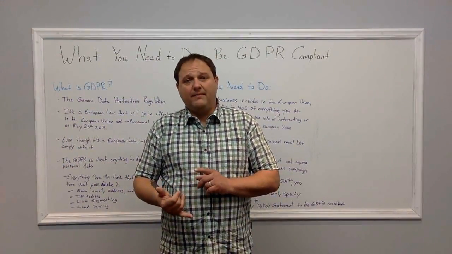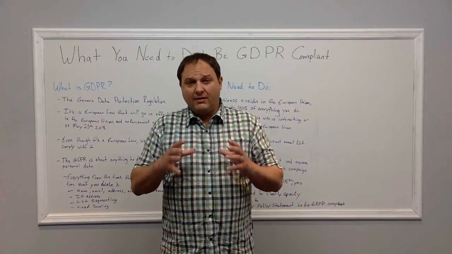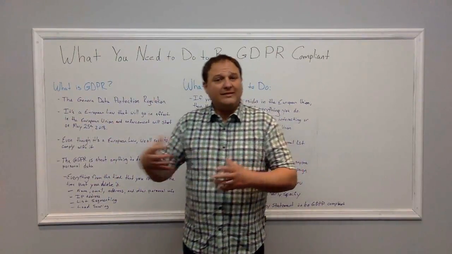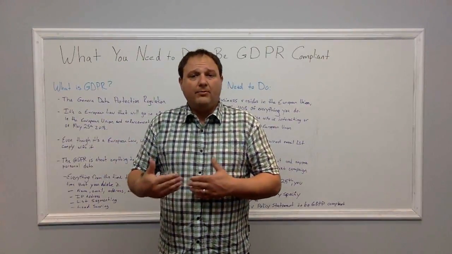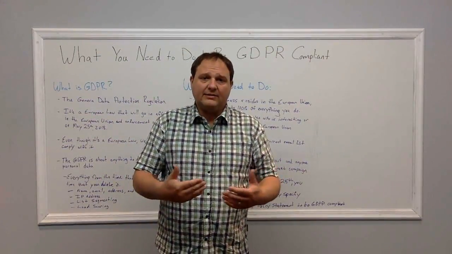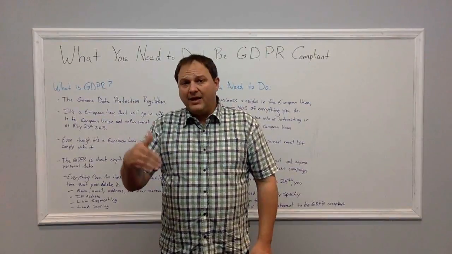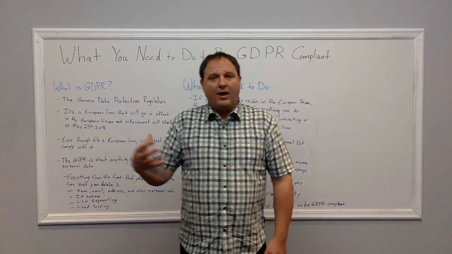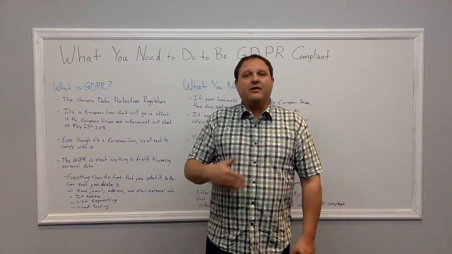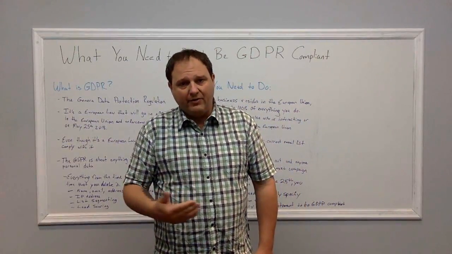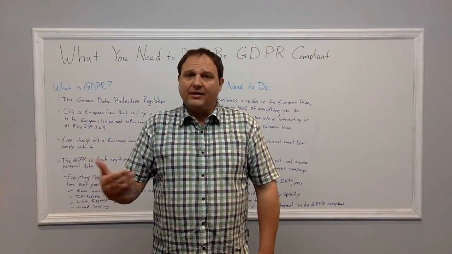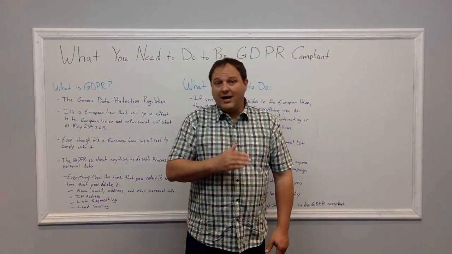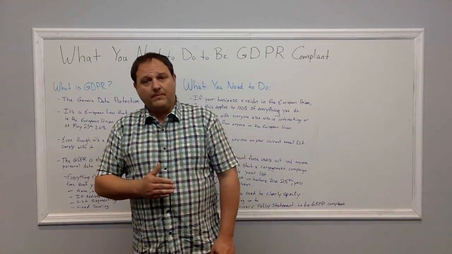This is why delivering valuable content is important, because you can lay out these values and get people to commit and opt in better. But if anybody currently on your list has not opted in by way of a double opt-in where you clearly laid this out, then you need to get a re-engagement campaign going and try to get them to opt in. Otherwise, starting May 25th, you cannot email these people anymore.